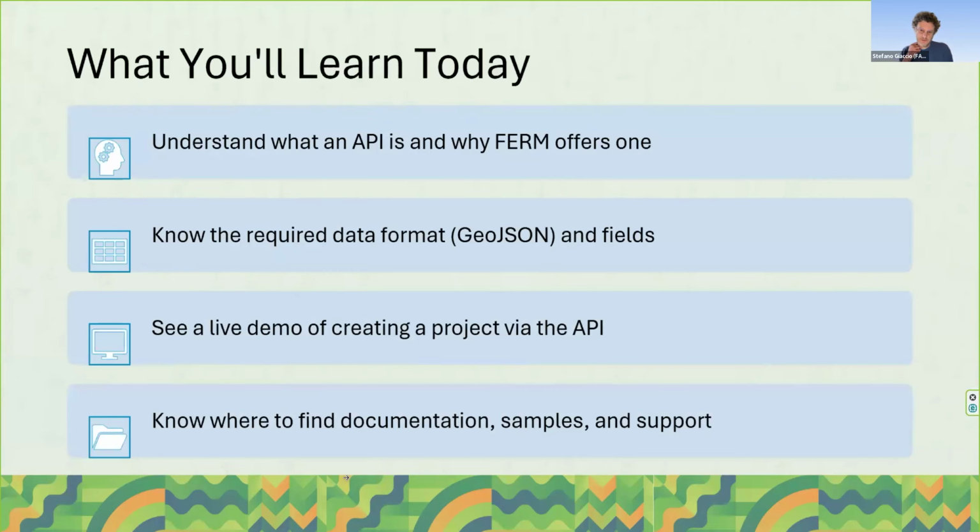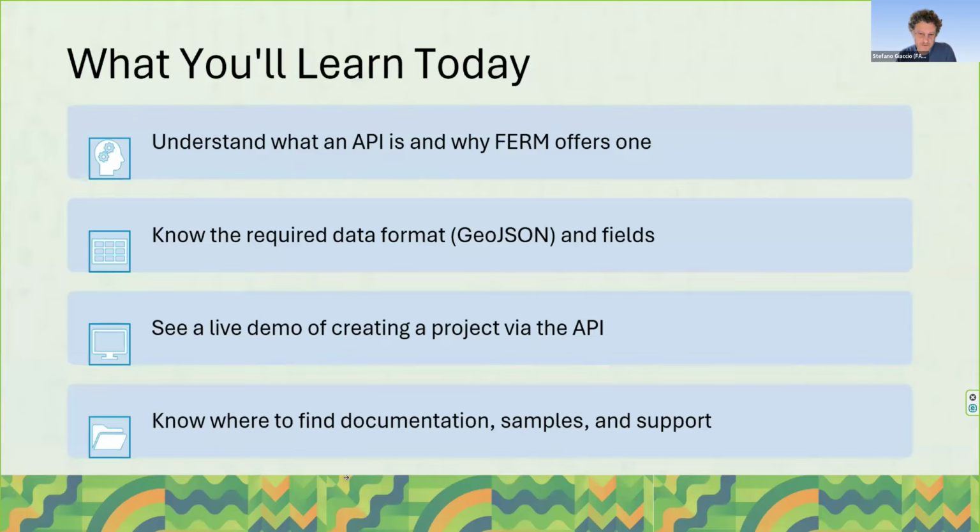So what we'll talk about today: first we will clarify what an API is and why FERM offers one, especially in the context of national reporting. Then we will look at the required data format, which in our case is GeoJSON, and the key fields that are required to be in the JSON.